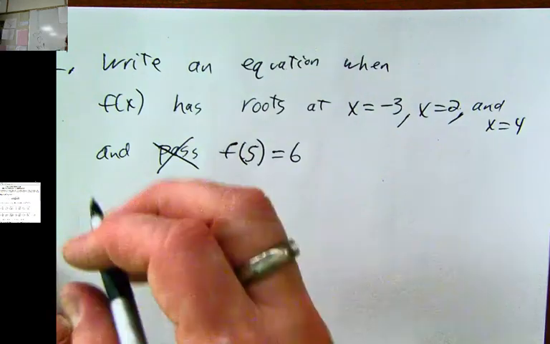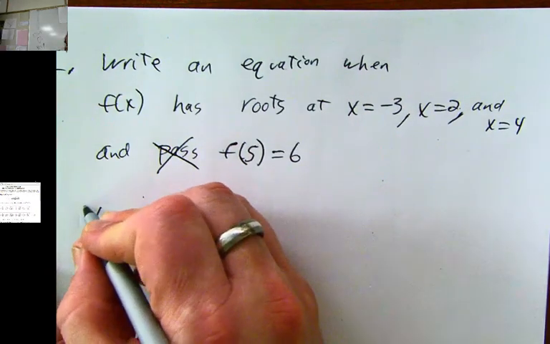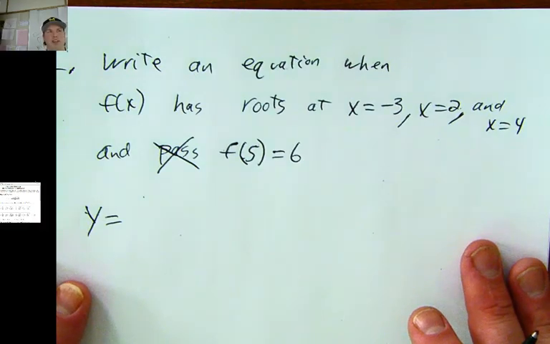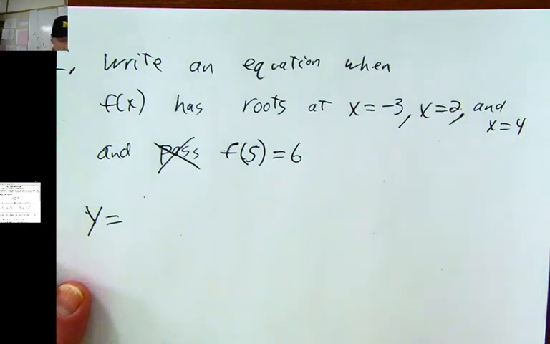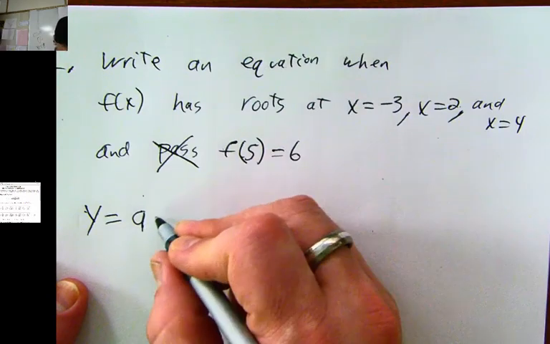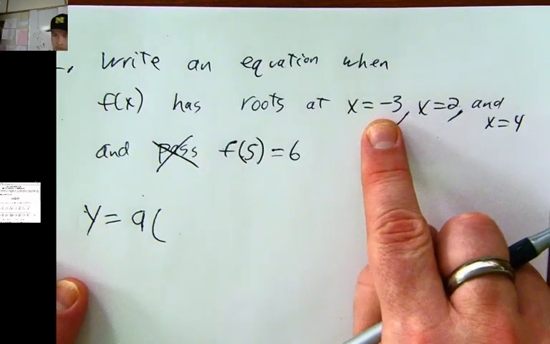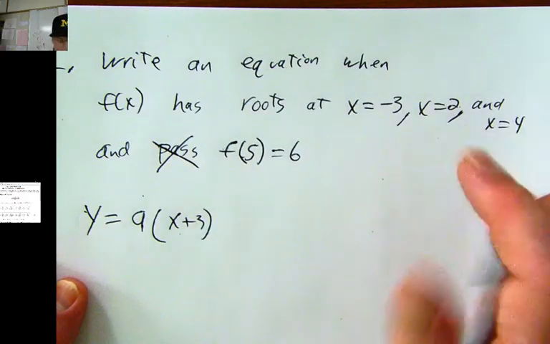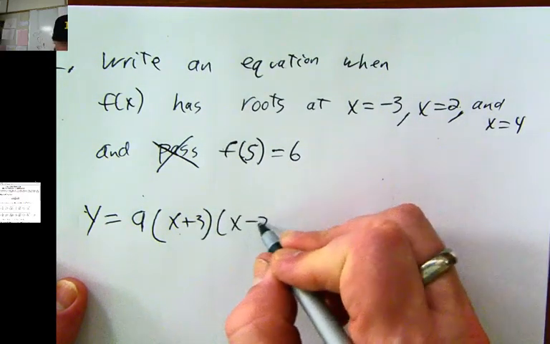Okay, so write an equation when f of x has roots -3, +2, +4, and it passes through this point. This problem is a lot like when we did this last chapter, and we were trying to get an equation into factored form. There's this a out front that we've got to figure out what the a is. Because of the root at -3, it's x plus 3. Because of the root at 2, it's x minus 2.